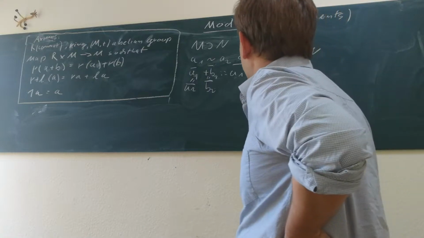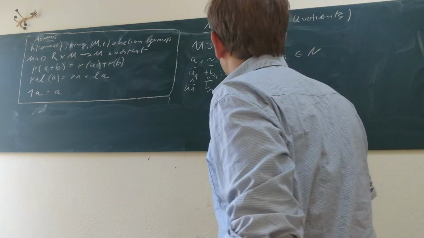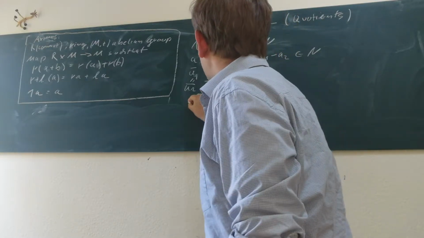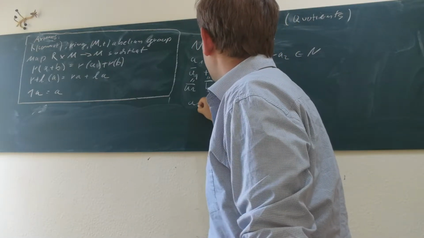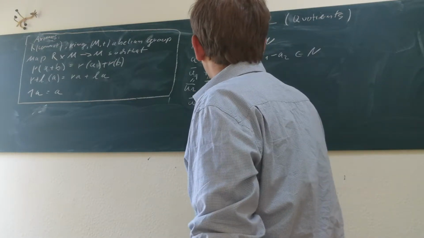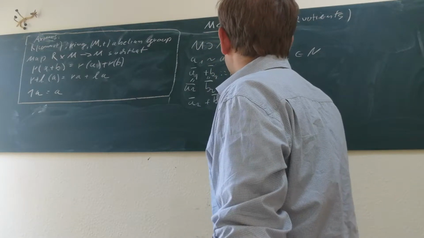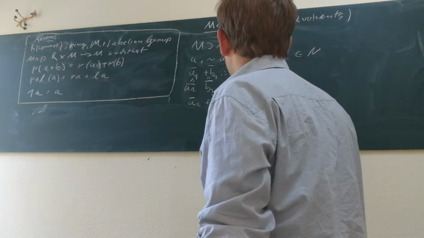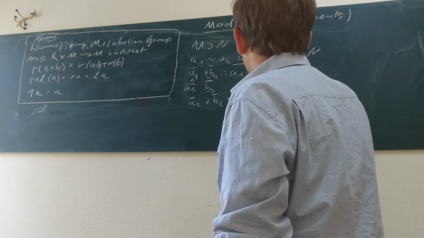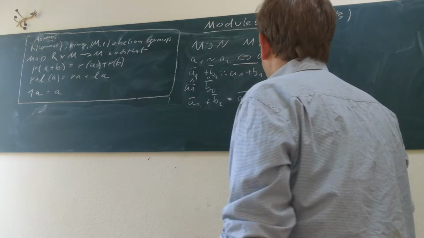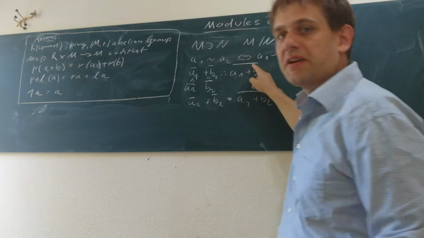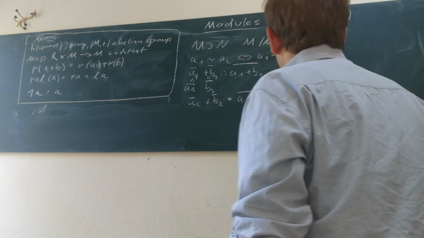Then of course you have to check that this addition is well defined, so you need to know that A2 plus B2 bar, which is, as we have just defined it a moment ago, has to be in the same equivalence class as this one.